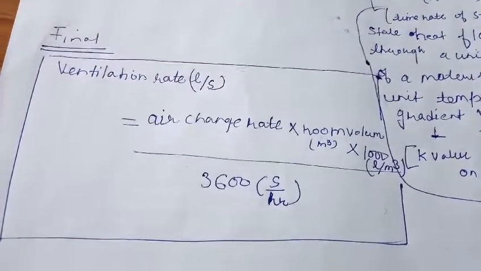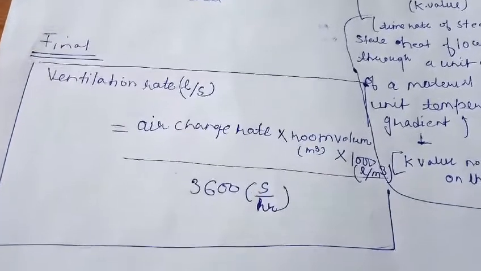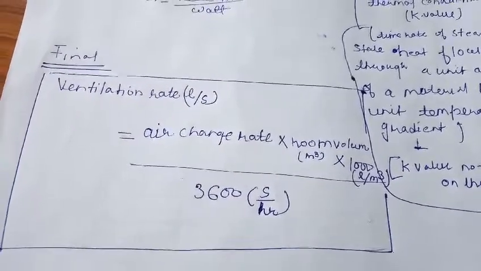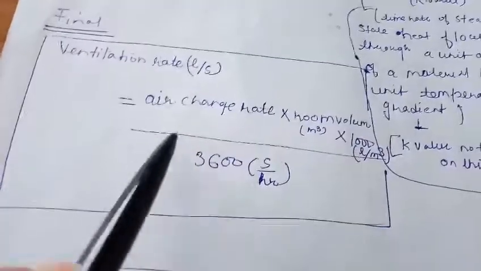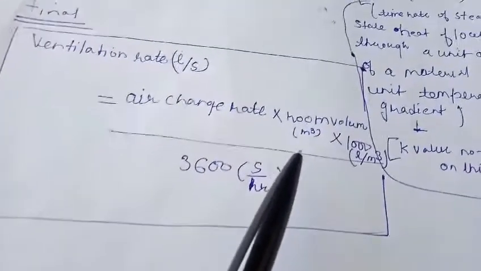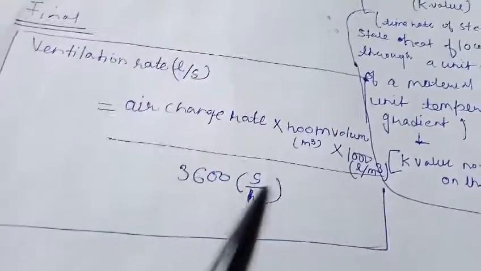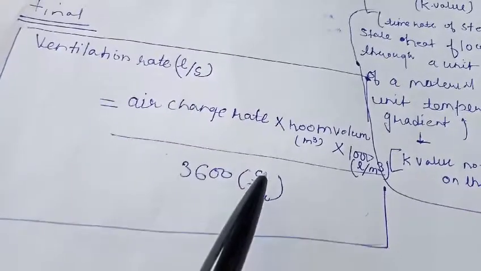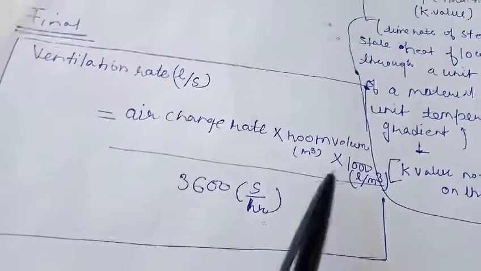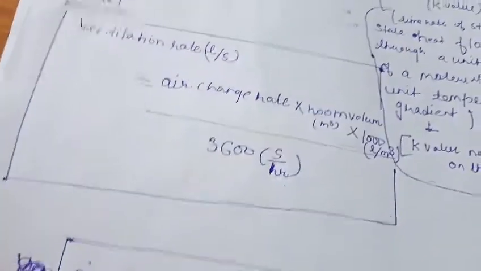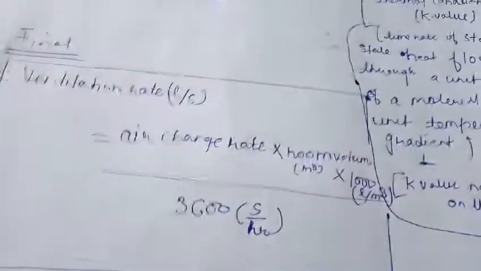If air change rate is given and room volume is given, we can find out the ventilation rate here. Air change rate into room volume in cubic meter into 1000 liter per cubic meter by 3600 second per hour, and this 1000 comes for cubic meter to liter.